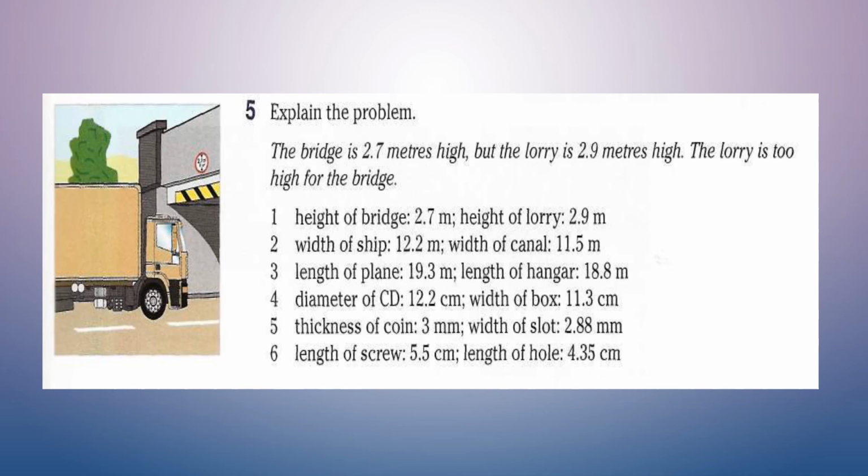Slot means fatha, that you can put the coin in. If you want to buy something from the vending machine, you put a coin. Okay. And number 6, length of screw is 5.5 centimeters. Length of hole is 4.35 centimeters. Try to answer the exercise yourself before going to the next slide.